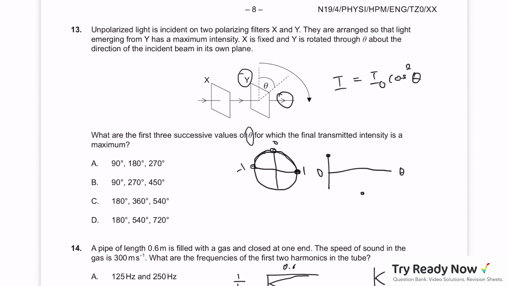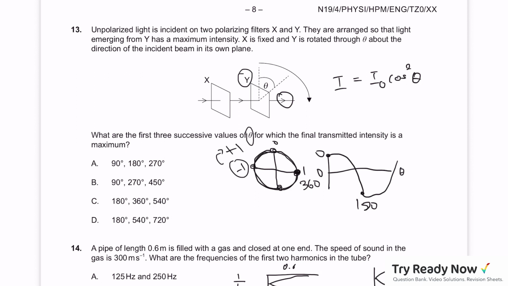So it kind of looks like this. And this would be 180. This would be 0. And it goes back to 0 here, and it comes back to 1 at 360 degrees. So this means that it starts off initially at 1, and because it's squared, the -1 actually becomes +1.